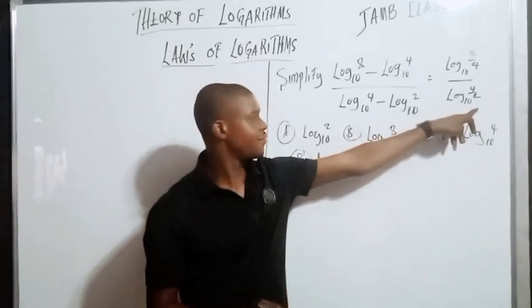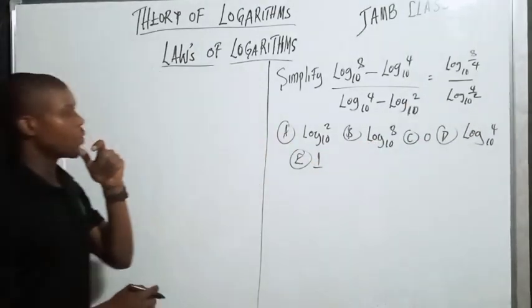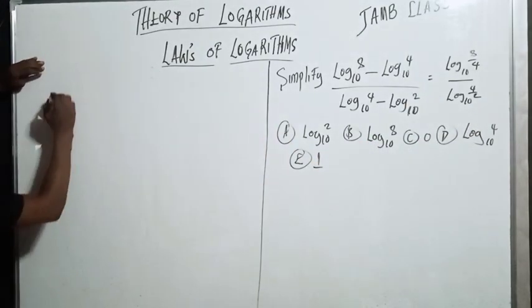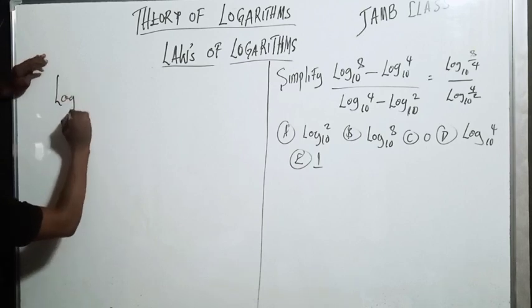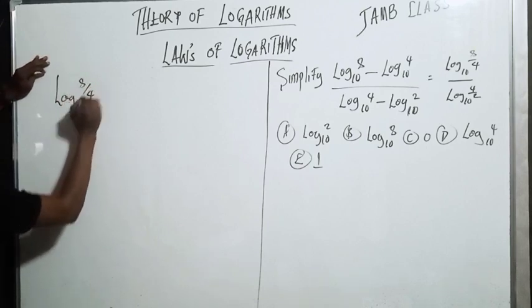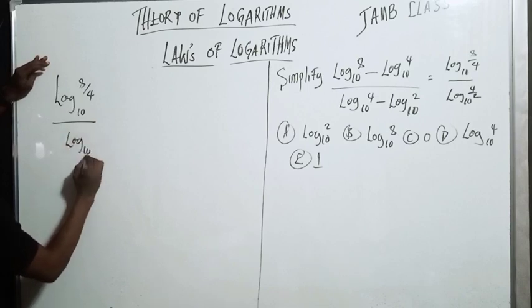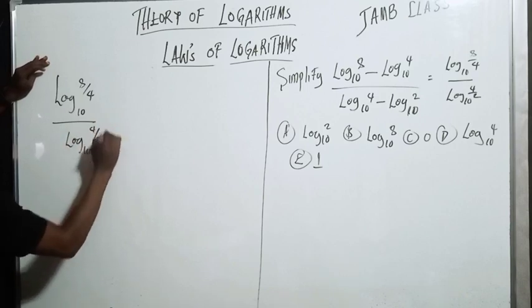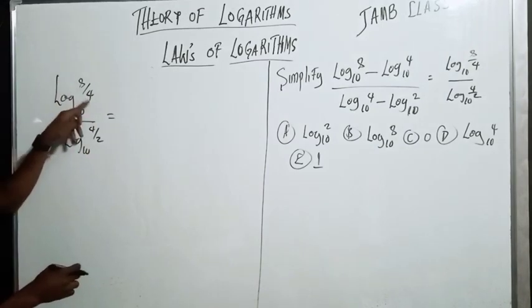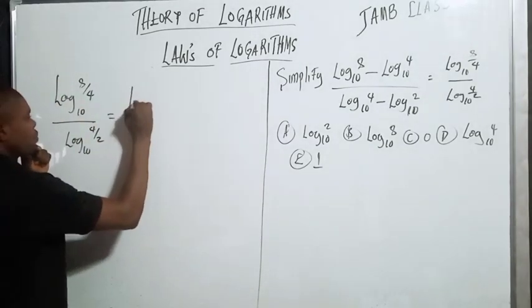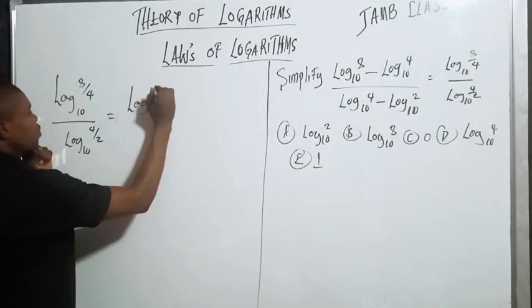So now what are you going to do here? It's going to be log base 10 of 8 over 4 over log base 10 of 4 over 2. Now 4 going into 8, so you have log 10 raised to what?